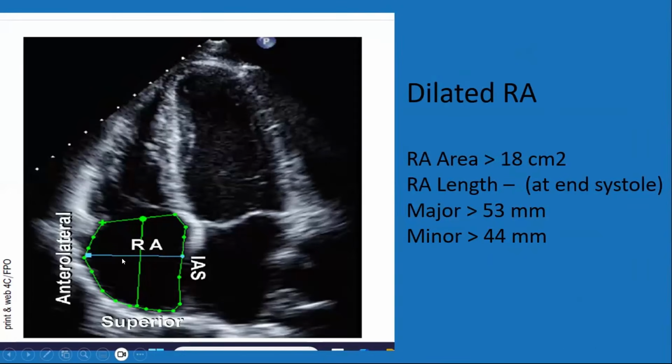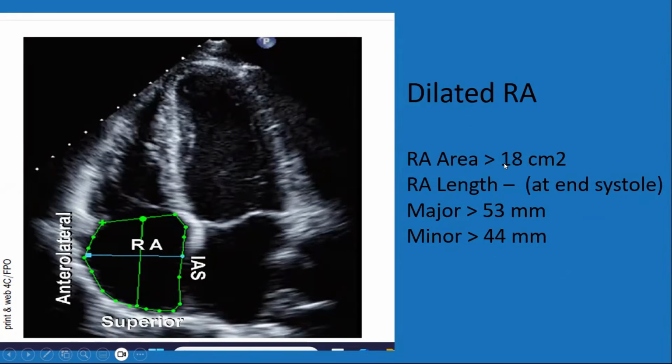See here, this is how the area is measured. The disc method is preferred to the area-length method. And the values, I'll give them to you. They also measure the major axis and the minor axis, and the values are here, more than 53 and more than 54.